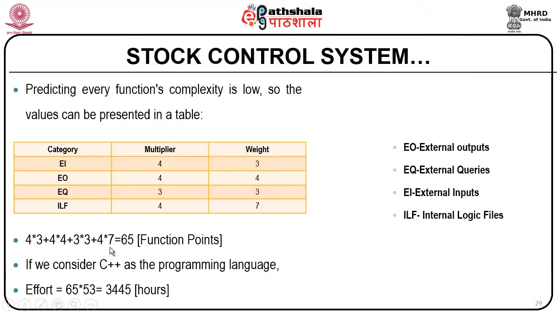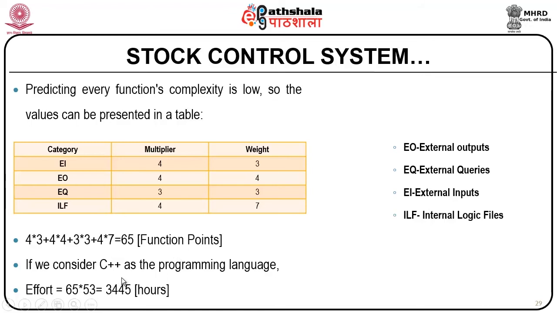So, we are computing the function point analysis: 4 into 3 plus 4 into 4 plus 3 into 3 plus 4 into 7. So, the function points is 65.